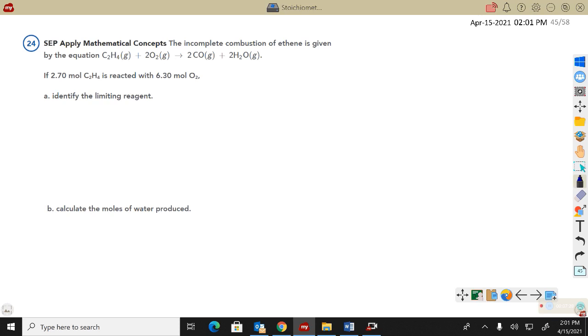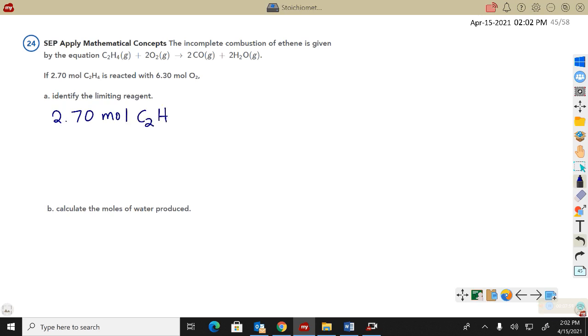I'll take the shortcut. So before I can calculate an amount of product formed, I would need to know, well, is the amount of water formed dependent on running out of C2H4 or running out of oxygen? And so again, just to review, if they're both in moles, you can pick moles of either reactant. It doesn't matter which you start with.